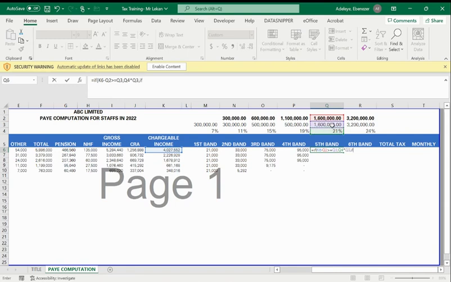Else, I'm going to nest another. This amount is less than 0. If it's less than 0, give us 0, else let us give us the rate multiplied by the difference. Six rates.